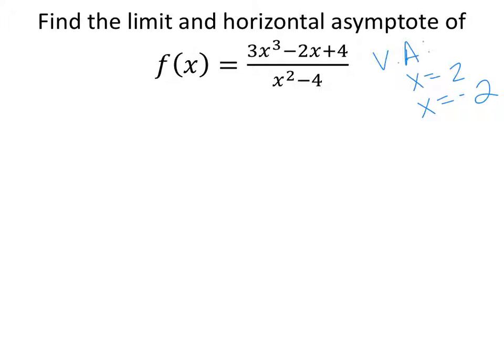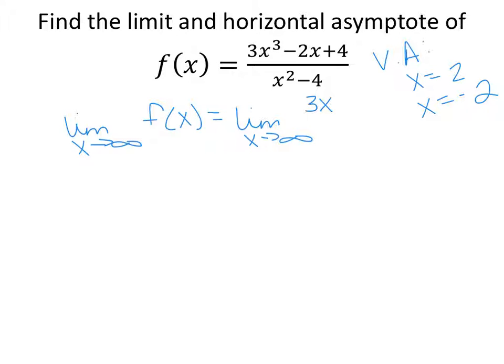So now I want to find this limit. To find the limit, I'm going to first look at x approaches infinity of f of x. And in order to do that, again, I need to divide everything so it's in that format, a number over x to a power. So this is going to equal the limit as x approaches infinity of 3x cubed over x squared, which would turn into 3x. I'm not writing it all out, but I'm saying it.